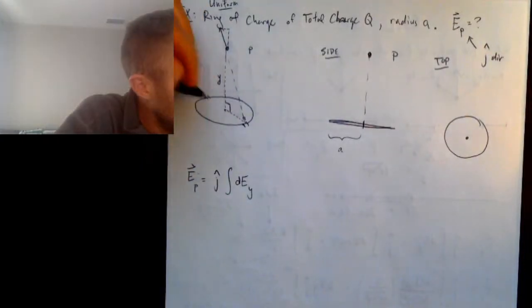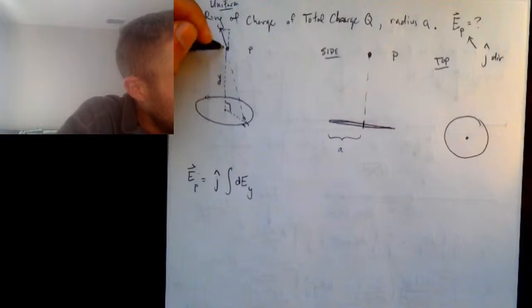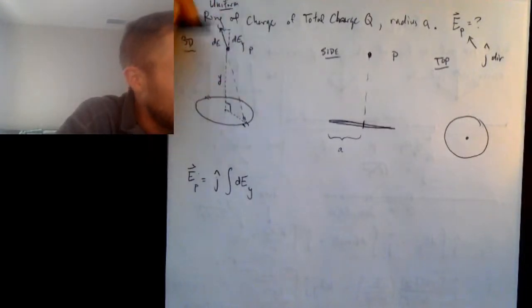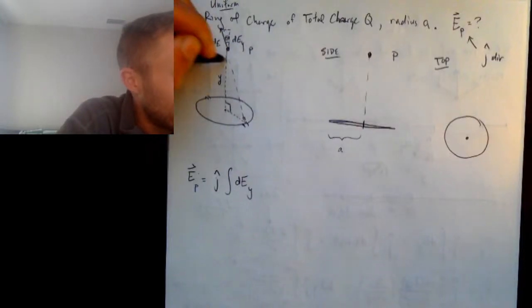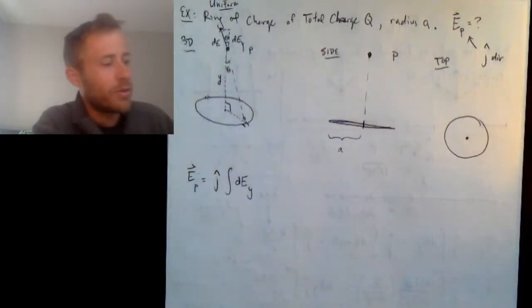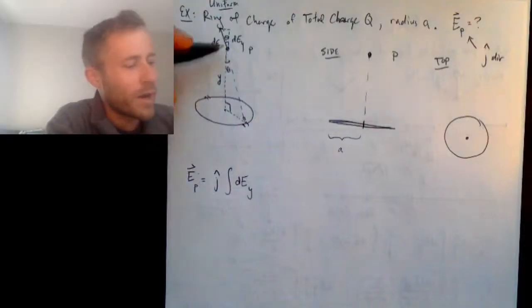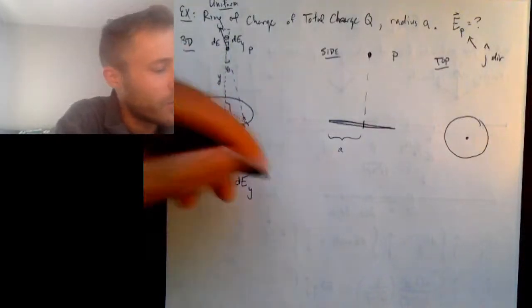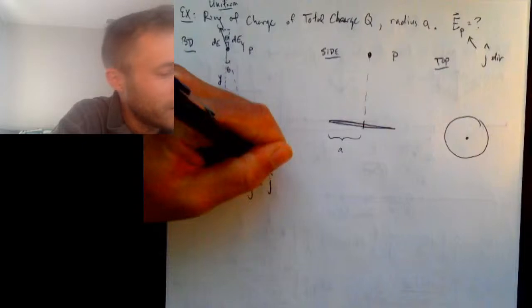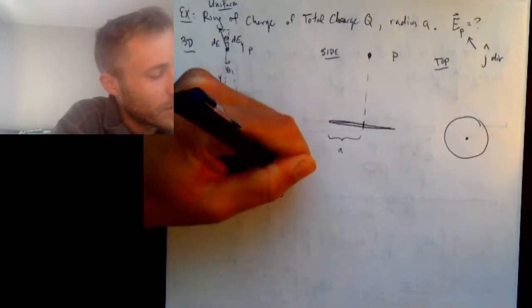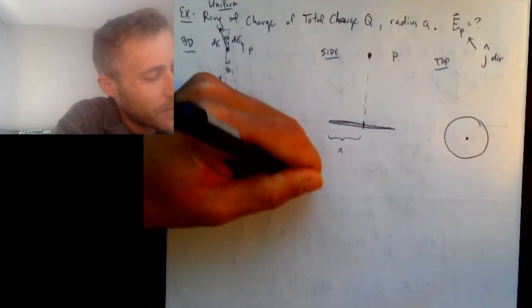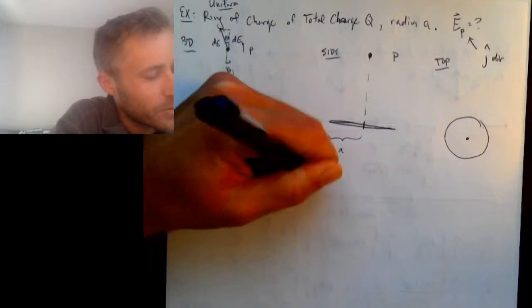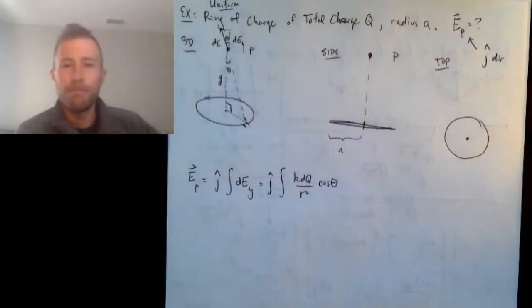So this right here is dE, and this is the Y component of dE. If we call that angle theta, the Y component is going to be times cosine of theta. So this is going to be J times the integral of K dQ over R squared times cosine of theta.